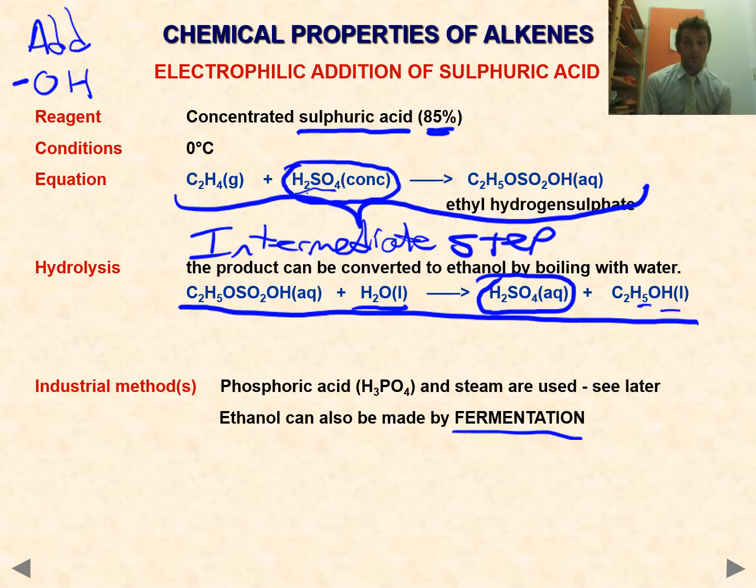This is incredibly strong. I've seen it once in my life, and the second I opened it, you could see the smoke start to come out, and it was just because it was breaking down into water and then SO2, and you could see that gas start to release. So it's incredibly strong stuff. This is an intermediate step, this area right here. This is an intermediate step.